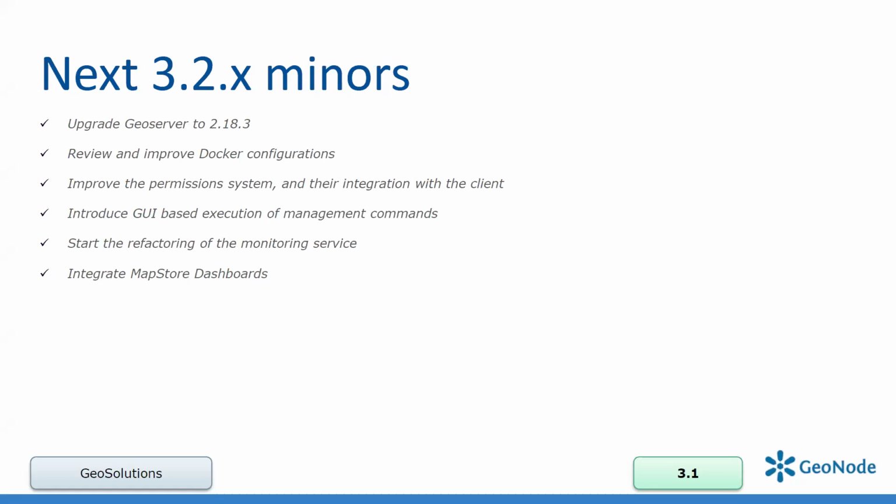We are also considering to introduce the ability to run some management commands through a GUI. So some useful management commands like update layers or synchronization of metadata and attributes. These are common activities that are requested by customers, and so we are considering to make a small GUI to run these commands.